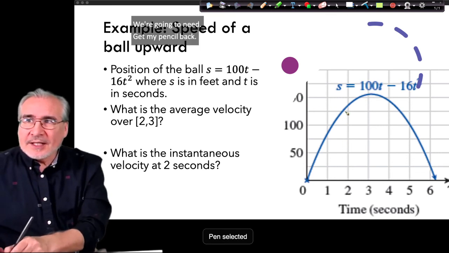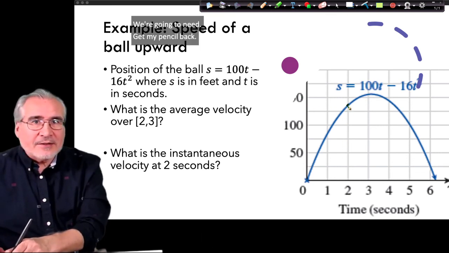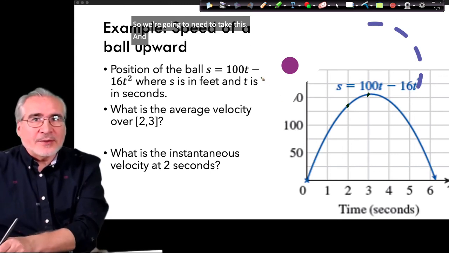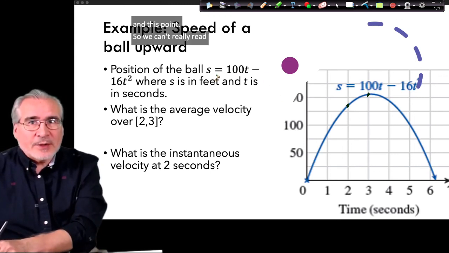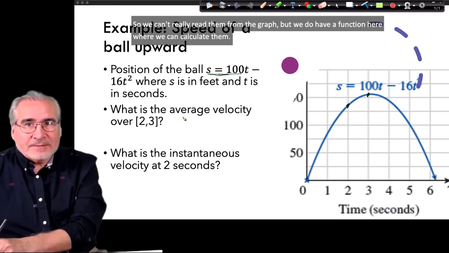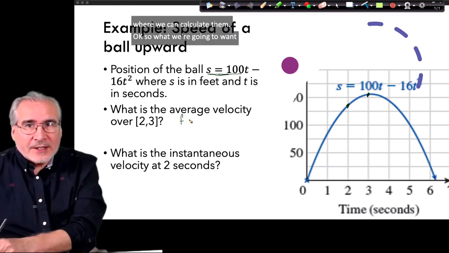So we're going to need to take this point and this point. Okay, so we can't really read them from the graph, but we do have a function here where we can calculate them. So what we're going to want is f of 3, that's the y value at 3, minus f of 2.